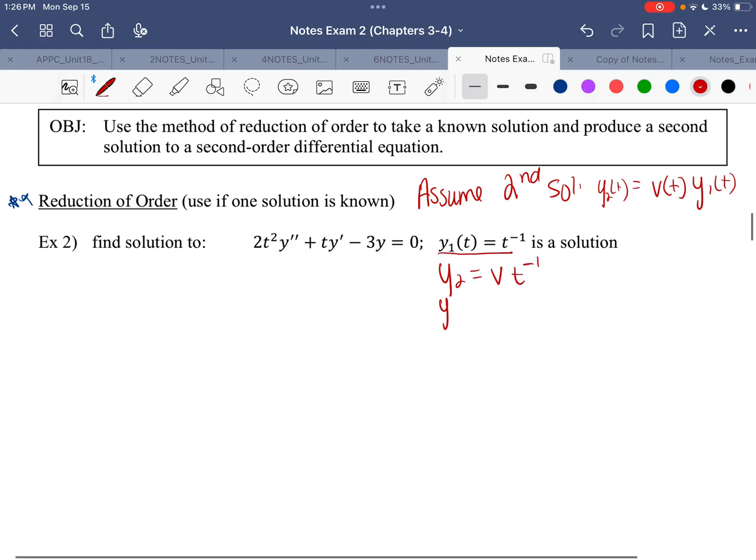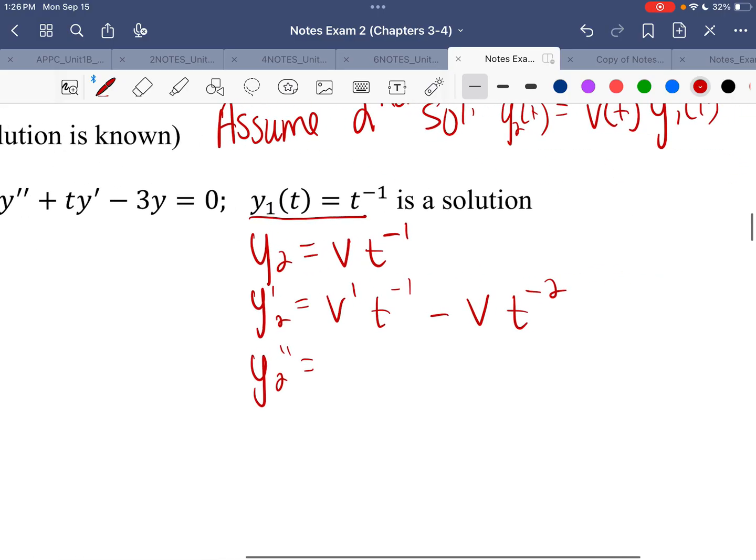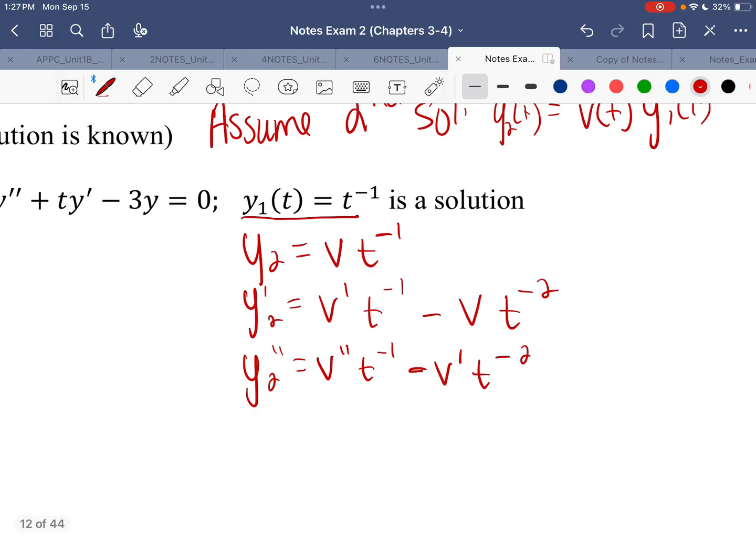I'm going to take the derivative, product rule. Make sure you realize it's v prime. It's not like a number, it is a function.